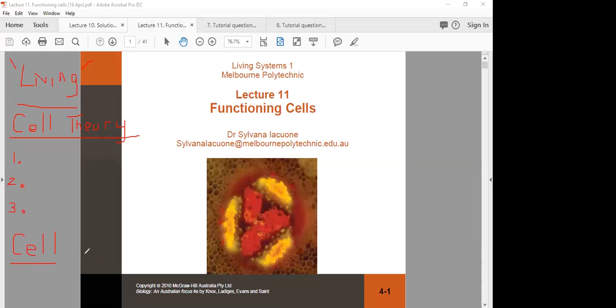Yep, we're talking about a biological cell. We can say very simply that a cell can be defined as a very small compartment enclosed within a biological membrane, and we'll talk about membranes, where biological reactions take place. That's a nice, simple definition of a cell.